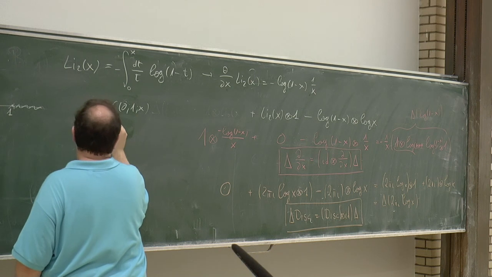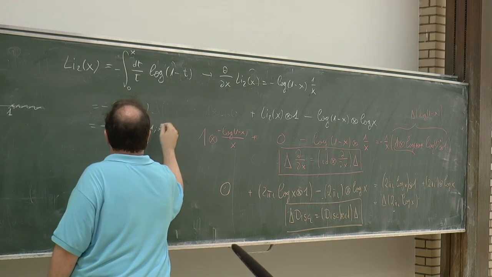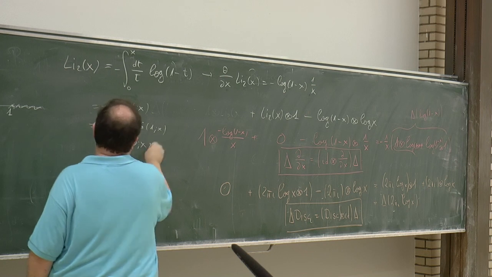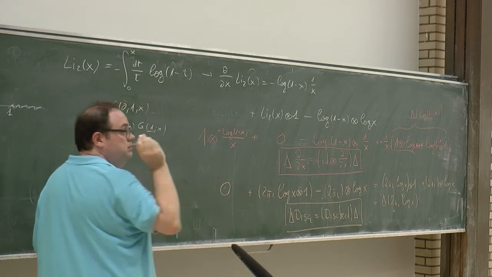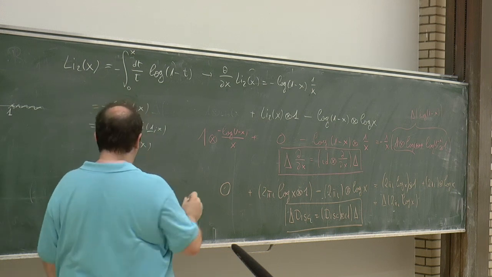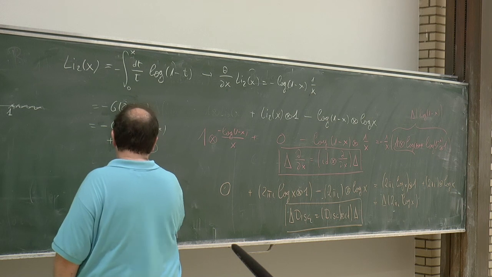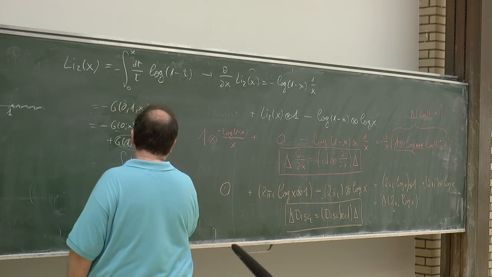I can write it, it's just algebra. Okay? Those guys I know. They are logs. I know how to compute the discontinuity. How do you compute the discontinuity of that guy? Well, that is dt over t minus 1, integrated from 0 to log x.